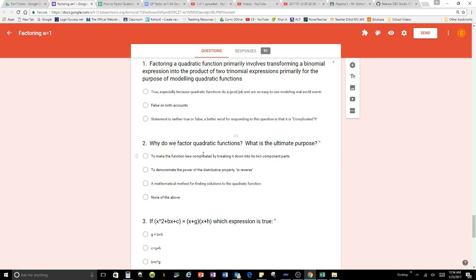Why do we factor quadratic functions? What is the ultimate purpose? Well, remember before we started doing quadratic functions, we were doing modeling of quadratic functions where we would model real world events.